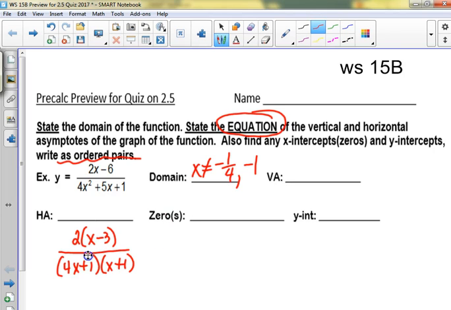Okay, so in other words, if there's not a hole, we haven't canceled anything, then everything in the denominator is a vertical asymptote. So how many vertical asymptotes? X equals -1/4 and x equals -1. Now, I couldn't graph x equals -1/4 very well on normal graph paper probably, but it doesn't ask us to graph it anyway, so it's perfectly fine for me to ask something icky like that on the quiz tomorrow.